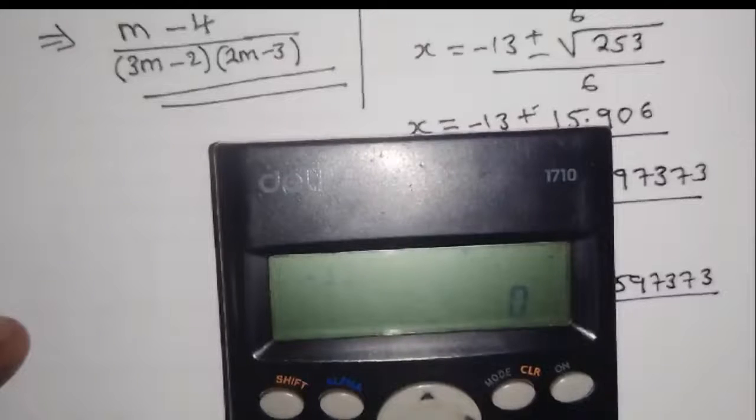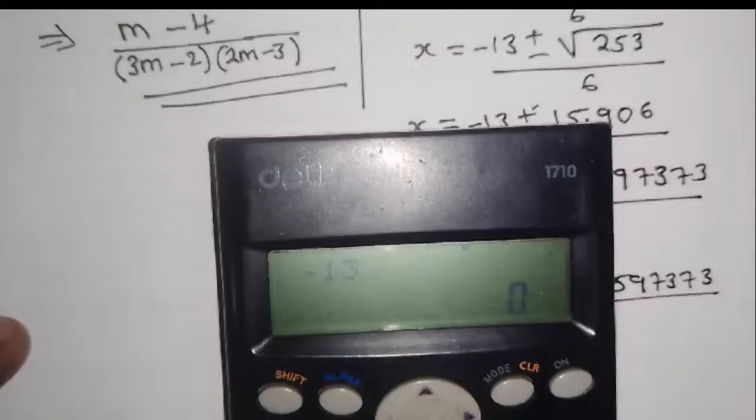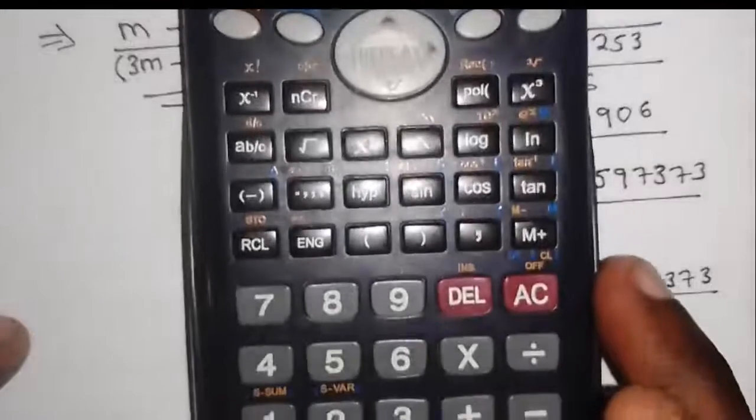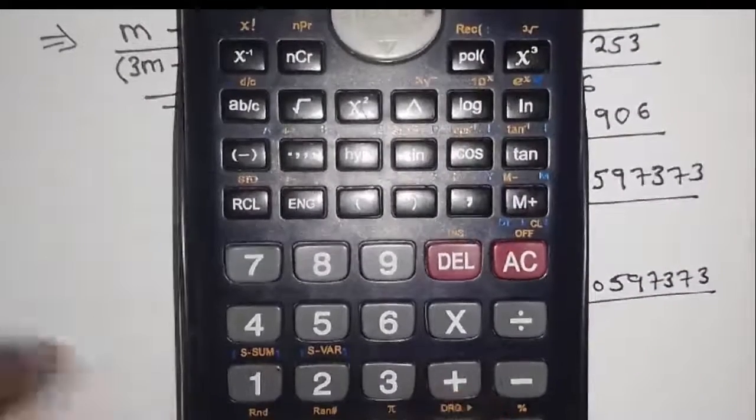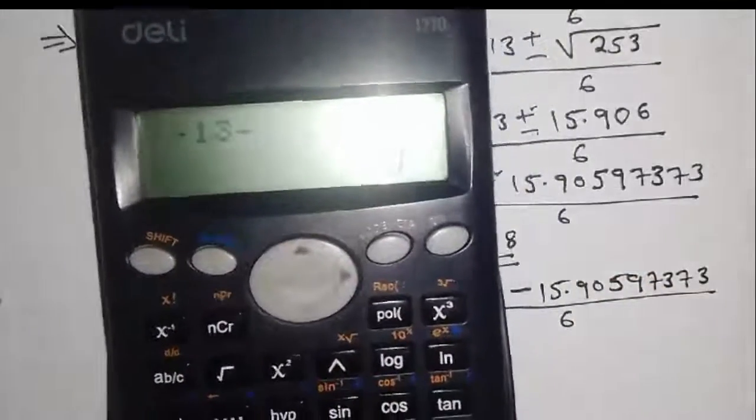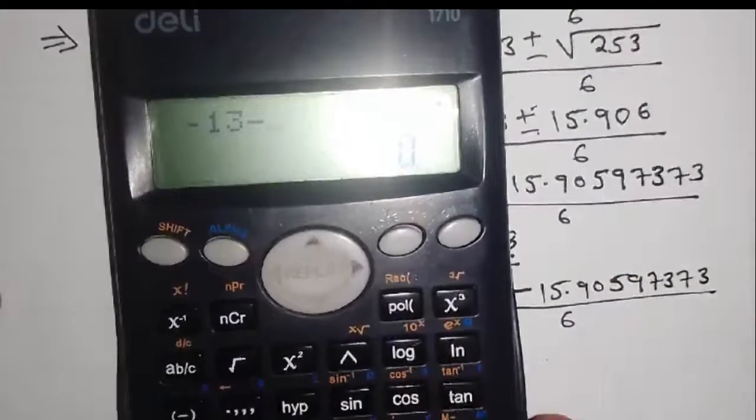So I'm going to punch negative 13. It's now minus, okay? So the minus I'm using is this one after the positive here, okay? So minus this number now.